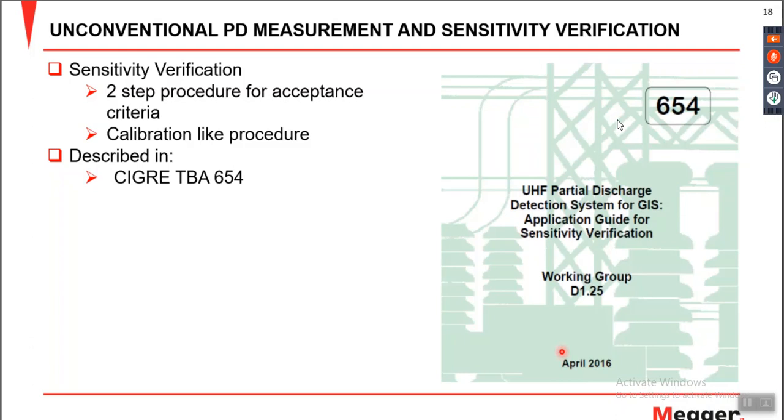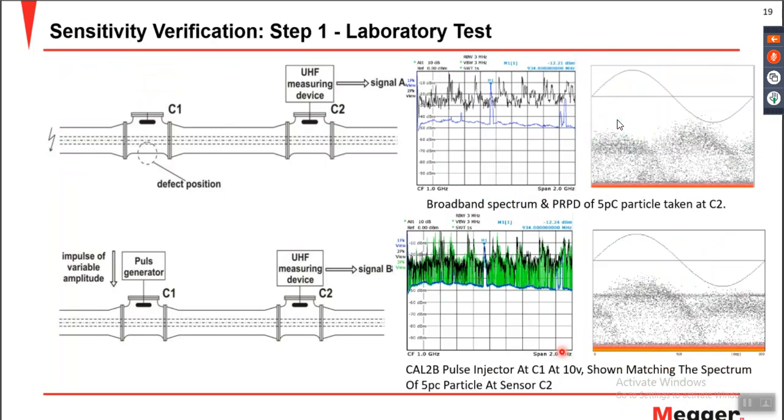To elaborate on what this document says, a two-step sensitivity verification procedure is given, where step one is a laboratory test. In the laboratory test, a part of the GIS is taken where pre-installed UHF sensors C1 and C2 are present, and one known defect, which can be a particle or anything, is placed as close as possible to the C1 sensor.